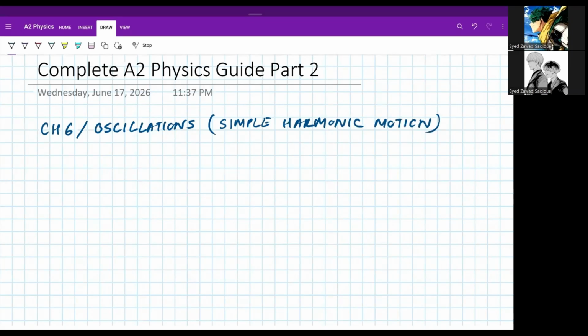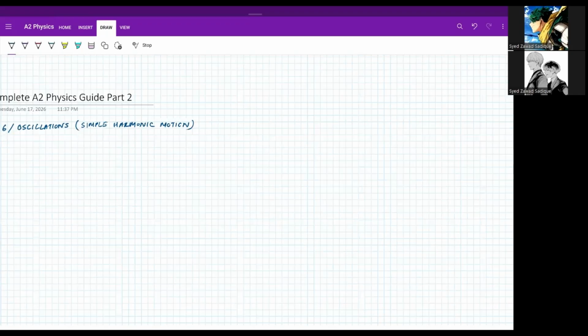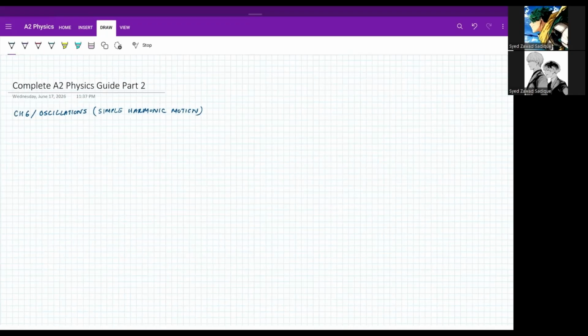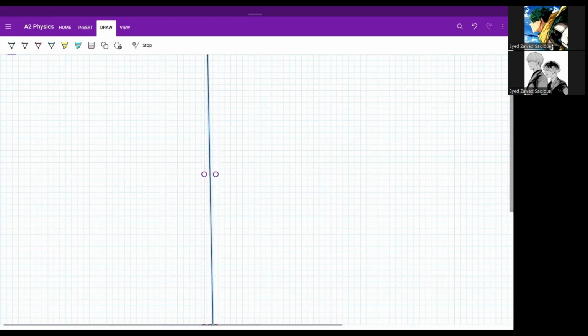Now let me draw the line so that we can distinguish between our concepts and our definitions and structured question answers. I have to draw a big line.